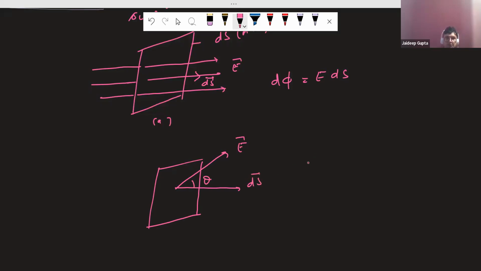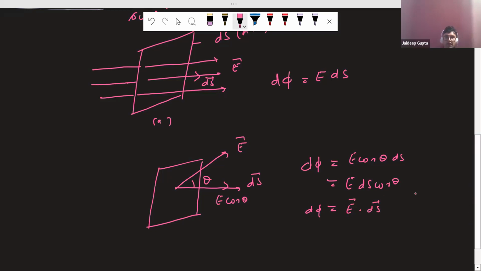So in this, d phi equals, we have to resolve the electric field. The component which is along the area vector is E cos theta. So we can write E cos theta having area ds, it would be E ds cos theta, and so we can write d phi equals E dot ds. This is the area vector.